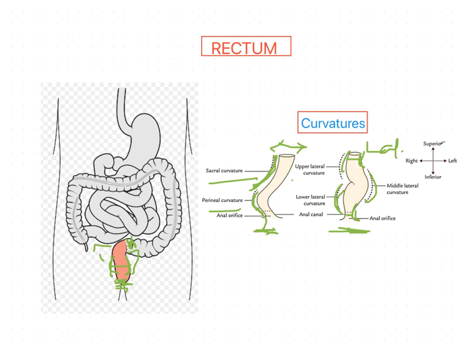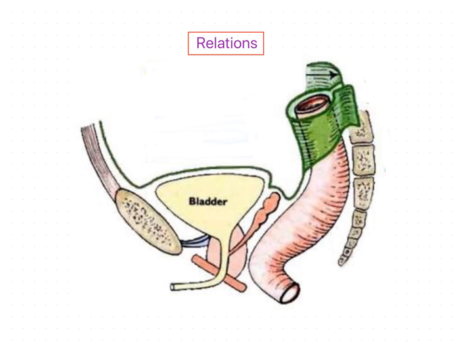Now, the relations of the rectum. These are the anterior and posterior relations, and this green lining is the peritoneal relations.